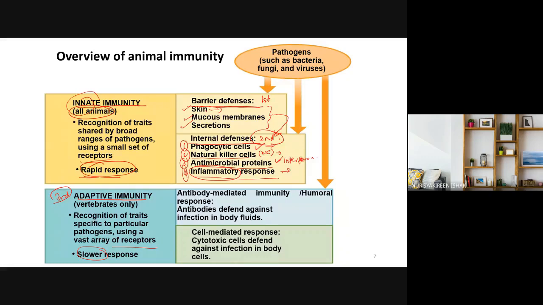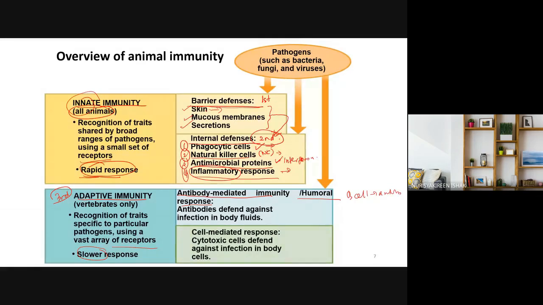Okay, so it is divided into two. Adaptive immunity is divided into antibody mediated immunity, or humoral immune response. The same thing, antibody mediated immunity or humoral immune response. So this involves the B cell. Okay, the B cell that produces antibody.